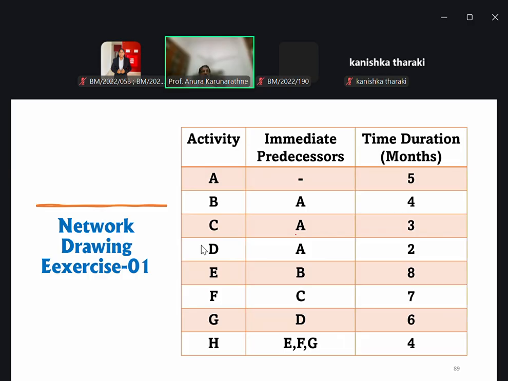There are a number of exercises for you to practice, starting from here. This is a very simple one. Take a piece of paper and draw this network. You can easily draw it. Is it okay? Can you do that?